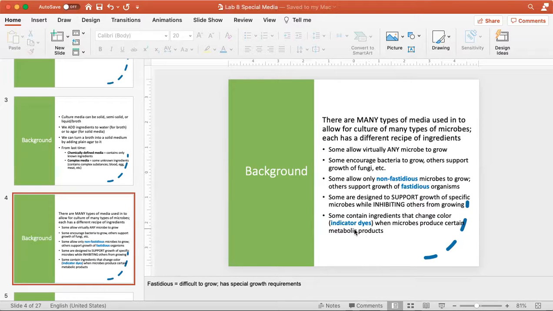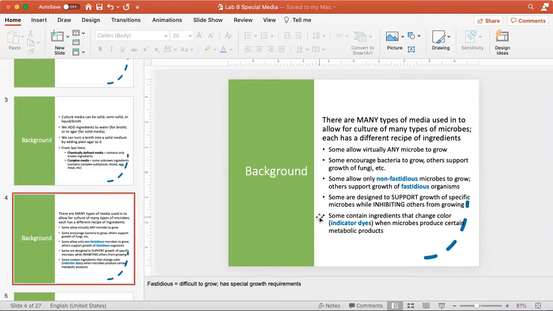Now, if you don't remember what an indicator dye is from chemistry class, this is the kind of dye that will change color under certain conditions, and it's usually conditions of pH. So the dye will be one color if it's in an acidic environment. It'll be a different color if it's in a neutral environment or a basic environment or alkaline environment.